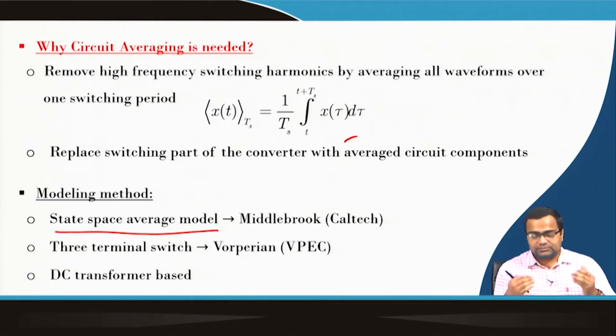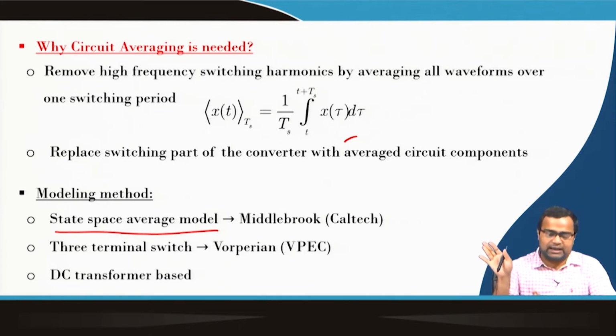But in the equivalent average switch model, under certain considerations, we average out and obtain the average switch model of the switching part only. The rest of the circuit, like the RLC part and other parts, we are not going to touch.